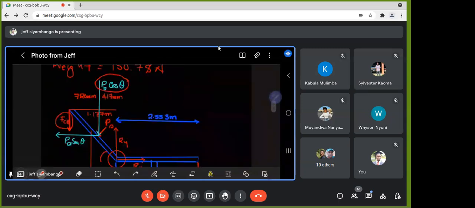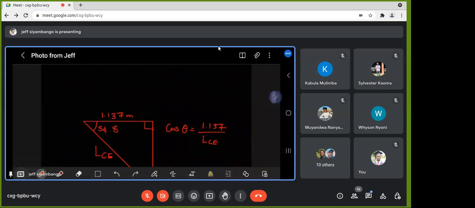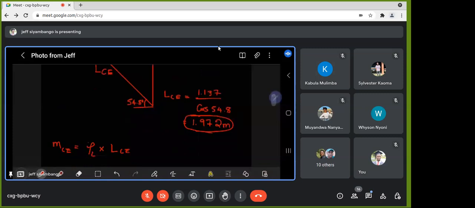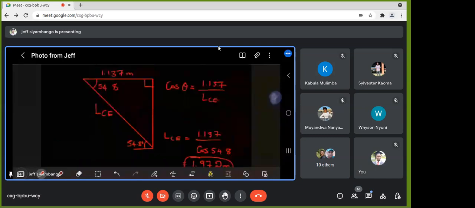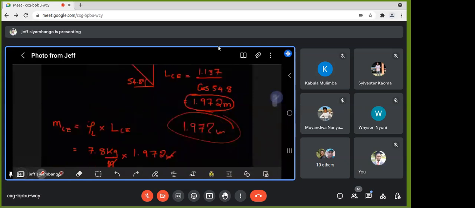The distance from C to E, we actually got it as 1.972 meters. That was the length from C to E all the way. So to find halfway of that, half of 1.972 will give me 0.986.